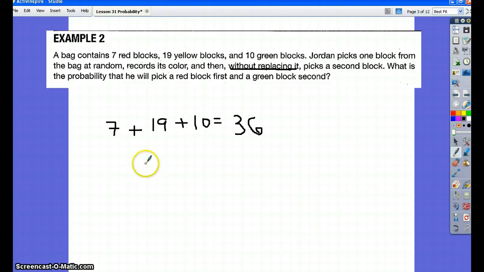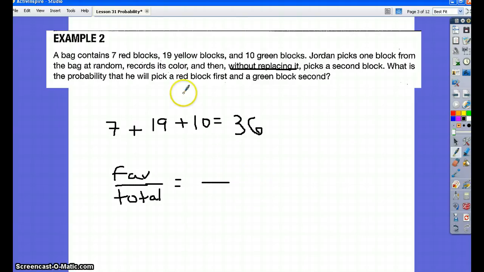So again, we're going to do the favorable over total. So we have basically 2 problems here.